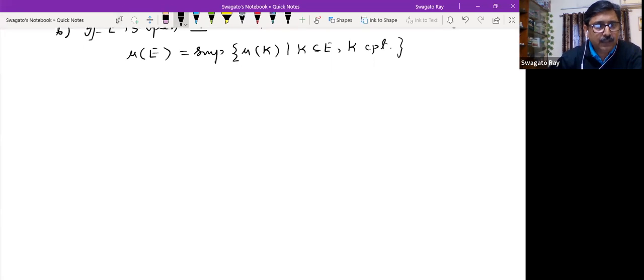So coming back to RRT, what is the situation? X is locally compact Hausdorff. A positive linear functional called big Lambda from C_c(X) to C is given.